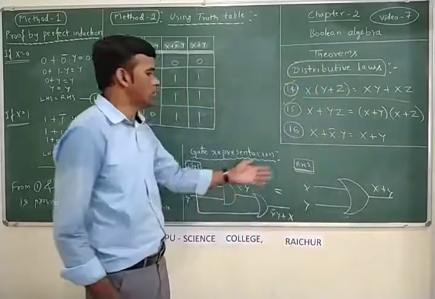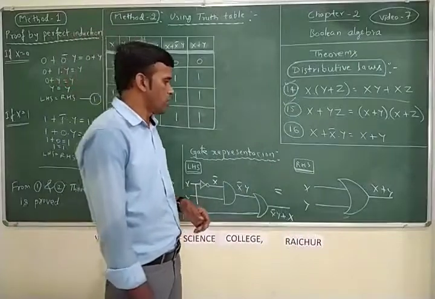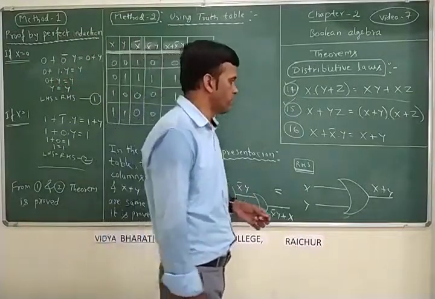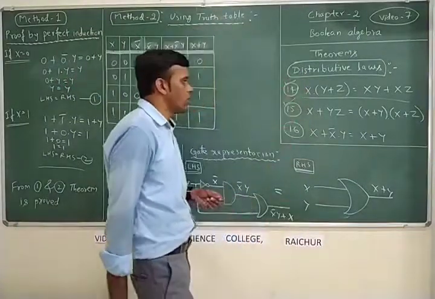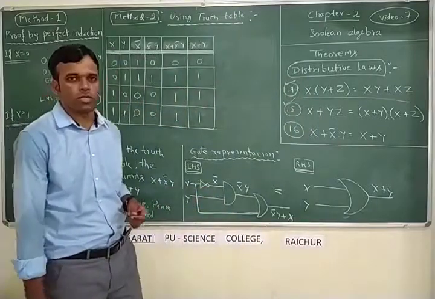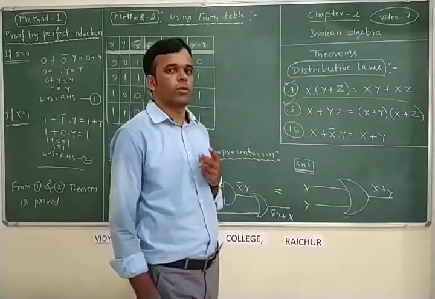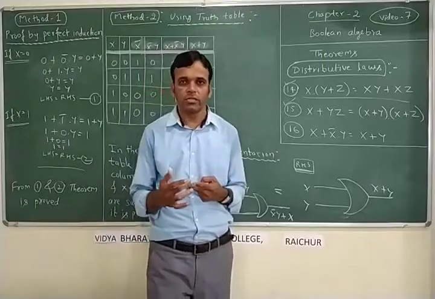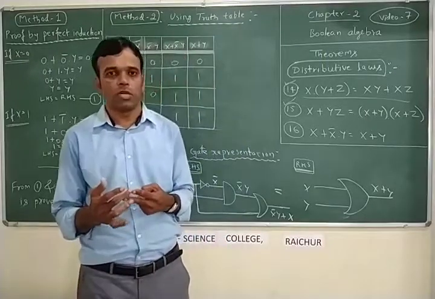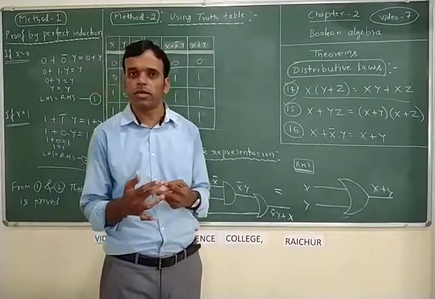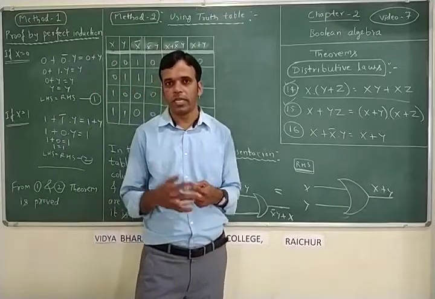Okay, so both these circuits are identical, or you can say same. So all the distributive laws are completed. Still we are having two theorems, 17 and 18. Those two are called absorption laws. So I will take up those two theorems in the next class.